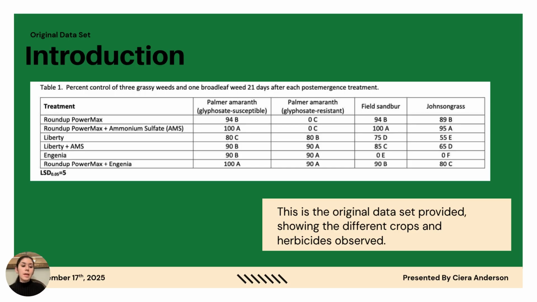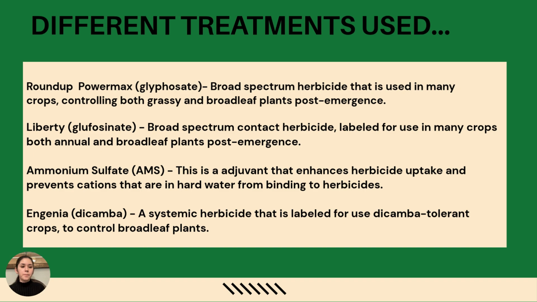treatment on said plant. So, to break down the different treatments that are used, here we have Roundup PowerMax or glyphosate, which is a broad spectrum herbicide. It is used in many different crops and it controls both grassy and broadleaf plants in a post emergent setting.